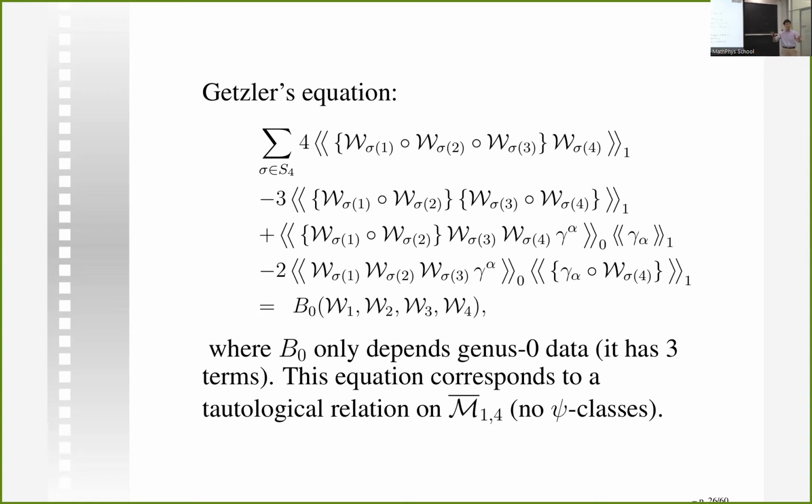It's purely a boundary relation, very similar to the relation from which we get the WDVV equation. So in that sense, you can say this is sort of a genus 1 analog of the WDVV equation. It gives us a complicated universal equation, which involves 7 terms, 4 terms of genus 1 and 3 terms of genus 0. I'm not going to write this out because it looks too complicated.